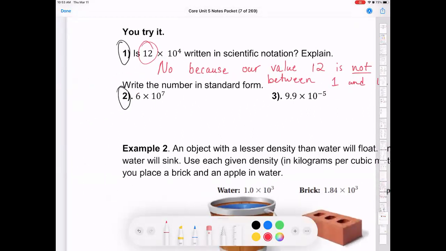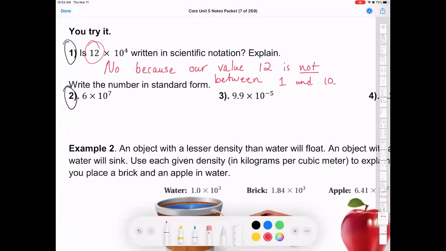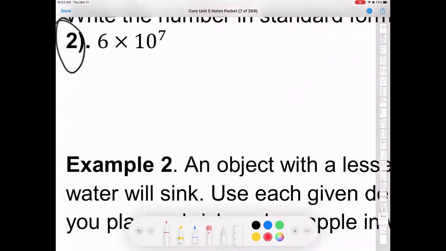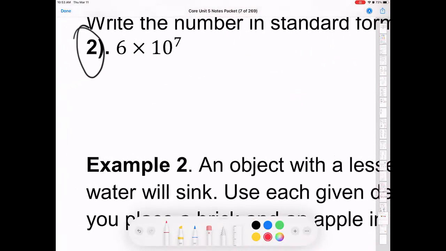Now, writing these in standard form. Remember, standard form is just a normal number. Okay, so if we have 6 times 10 to the 7th power, that is really the same thing as saying 6.0 times 10 to the 7th power. We notice that we have a positive 7, so we're going to move it over to the right 7 places. So 1, 2, 3, 4, 5, 6, 7. We're moving our decimal 7 places to the right.